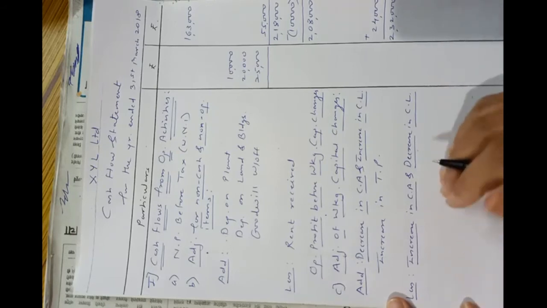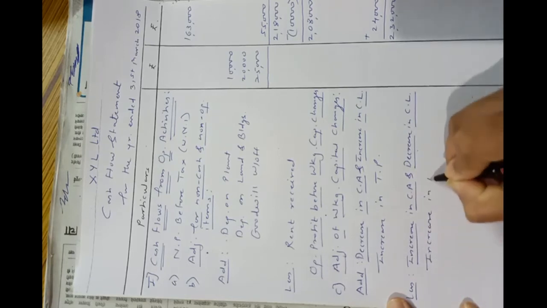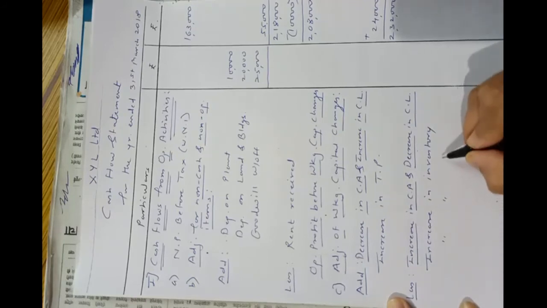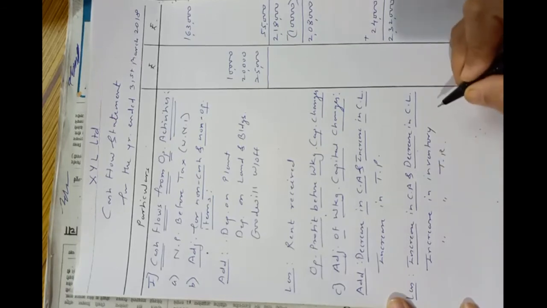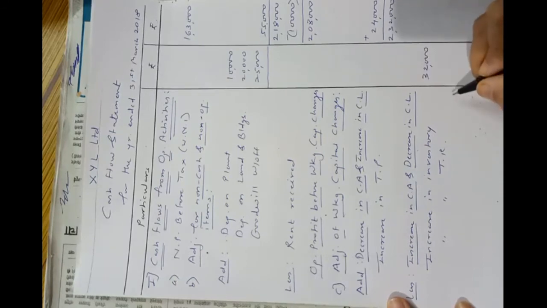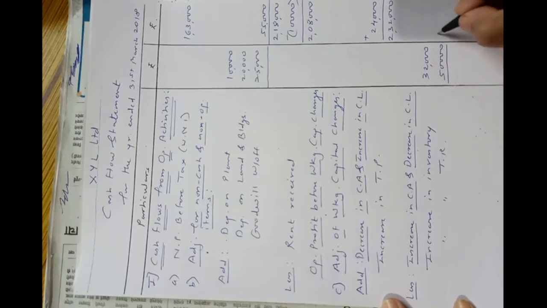So increase in inventory and increase in trade receivables. See the difference between the amounts of inventory, it is 32,000, and difference between amounts of trade receivables, it is 50,000. So total is 82,000. We have to deduct 82,000 from 2,32,000.